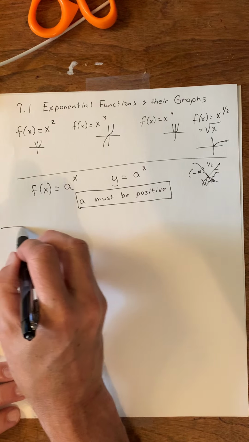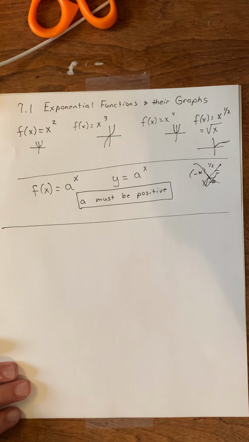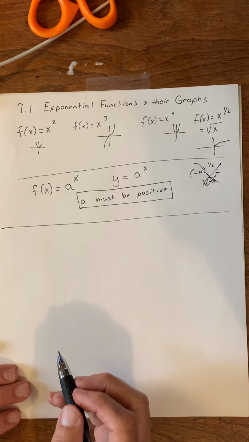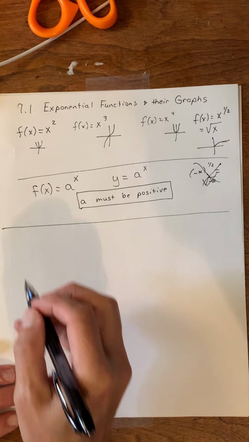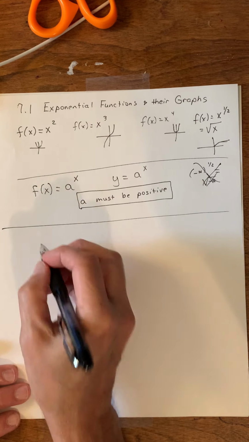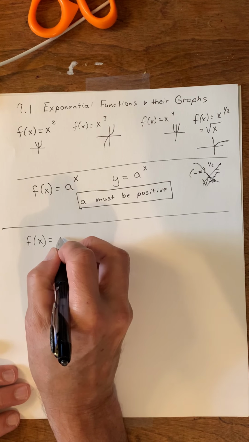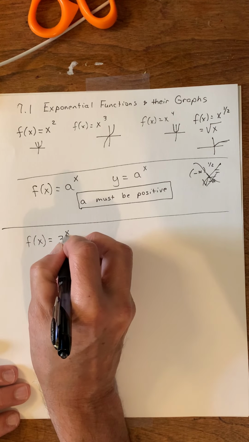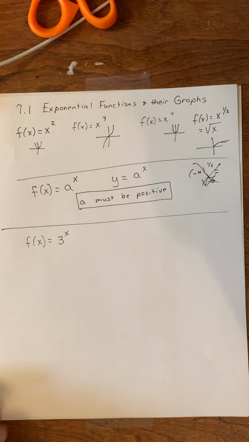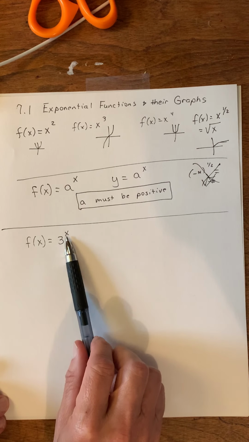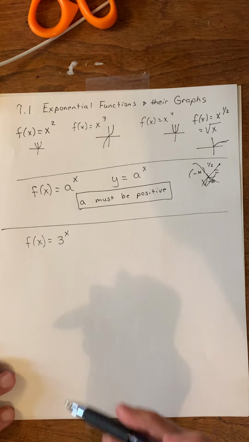Let's see what we discover when we graph f of x equals something to a power. Let's pick an a. Let's find this exponential function f of x equals 3 to the x power. And let's discover what the graph of this thing looks like as we substitute various values for x.